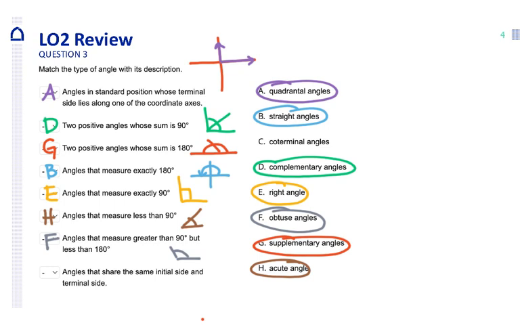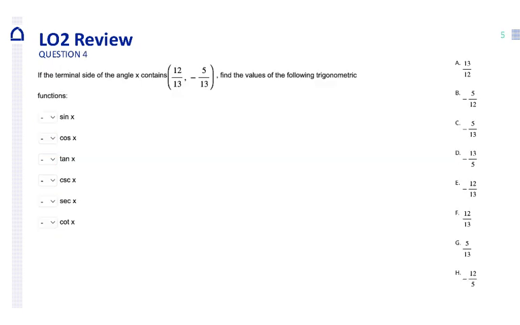And lastly, angles that share the same initial side and the same terminal side. So here's the initial side, terminal side. Whether it's this positive angle or this negative angle, those angles would be called coterminal. So that is C.